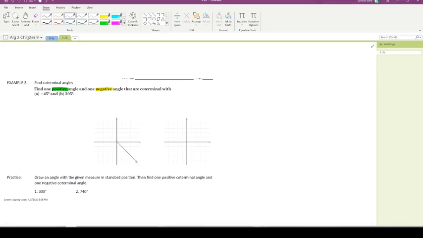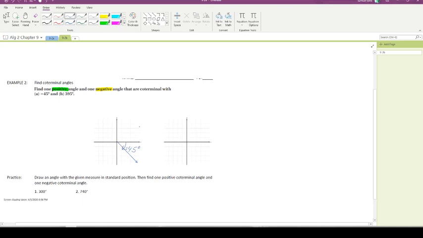So we want to do negative 45. Negative 45 is going to be right here, negative 45 degrees because it's going the opposite direction.